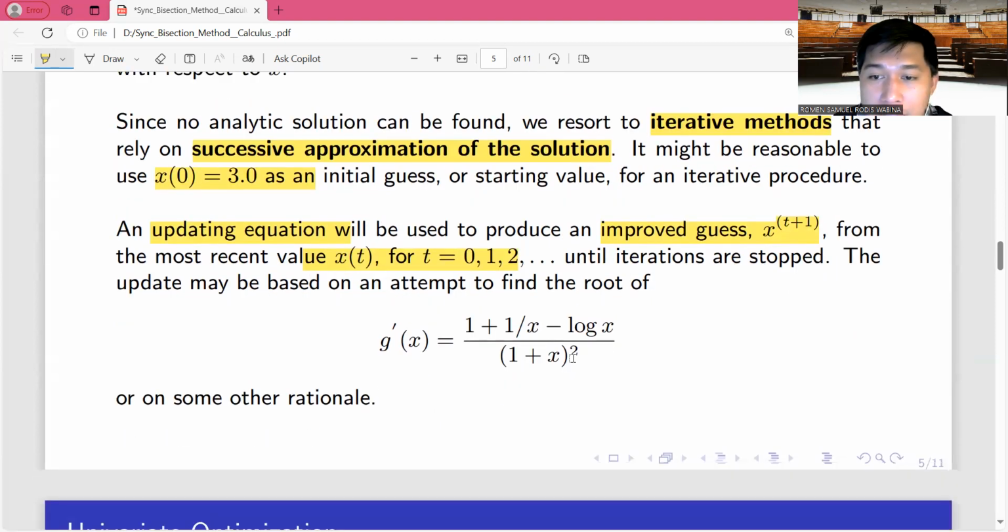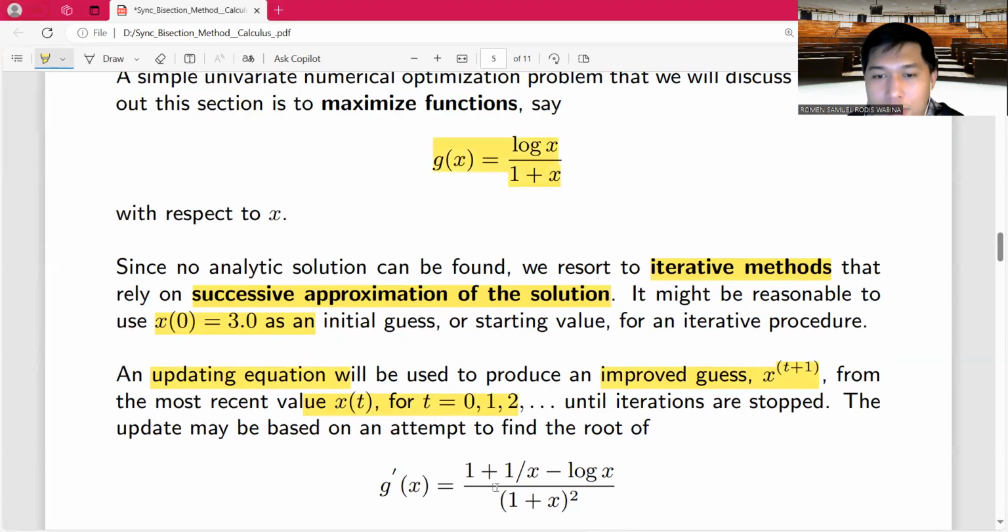This process exemplifies the essence of numerical optimization, turning an intractable analytical problem, that is g of x, into a manageable computational routine. It is through these iterative steps that we harness the power of approximation to tackle problems that defy exact solution.